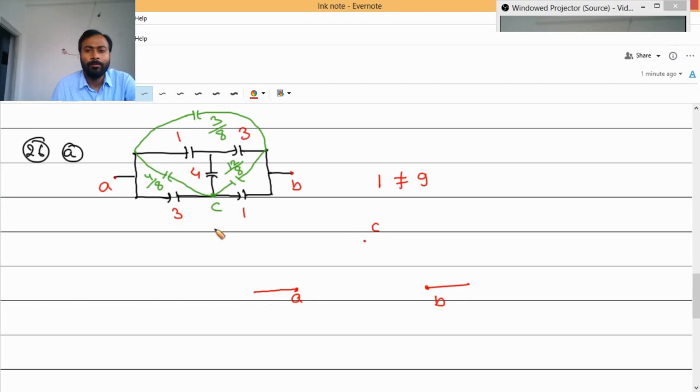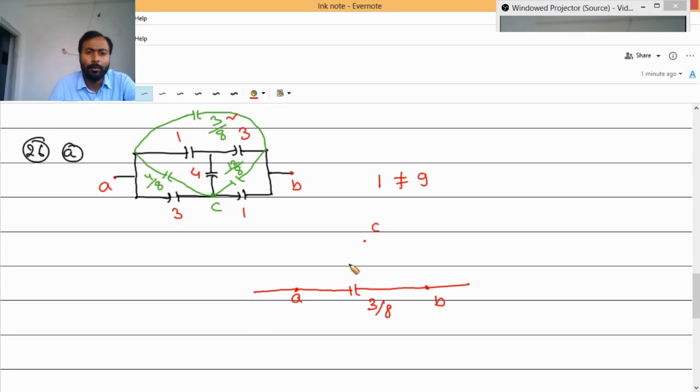Now to draw the next network, we can see that in between A and B there is one parameter of 3 by 8. So we write A to B 3 by 8, and we put a tick, since we have taken this element.